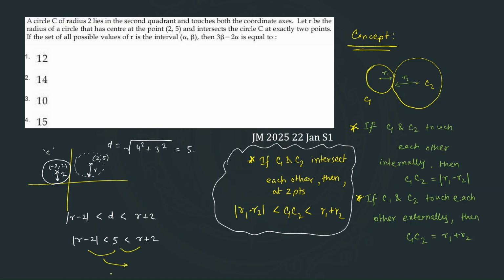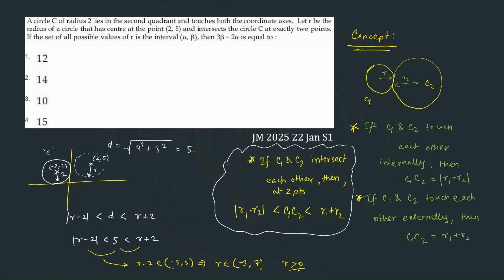So if we solve this part, r minus 2 should lie in the open interval (-5, 5). That means r should lie in the open interval (-3, 7). Now also r should be greater than 0 because r is the radius of this circle, and also this circle is not a point circle because the circle intersects this given circle C at exactly 2 points.